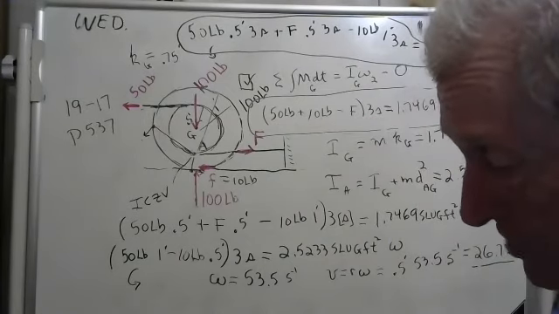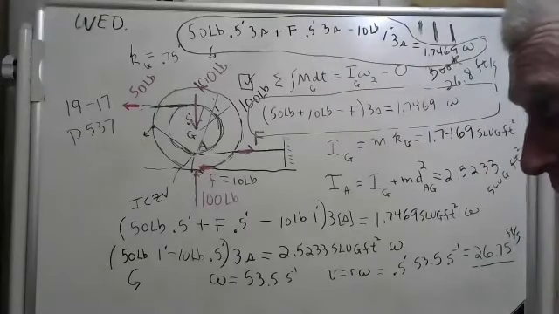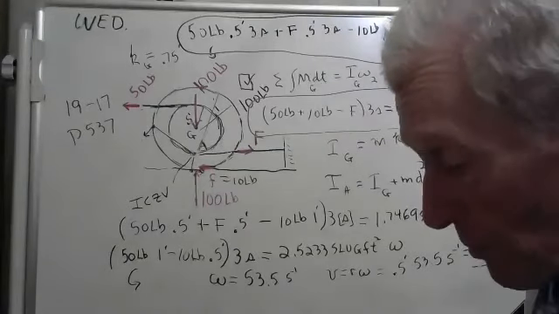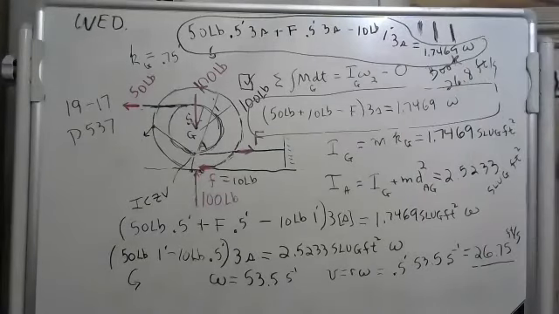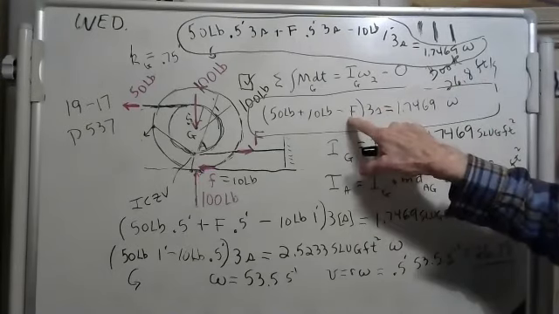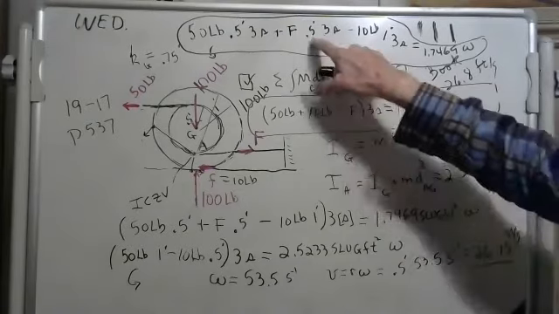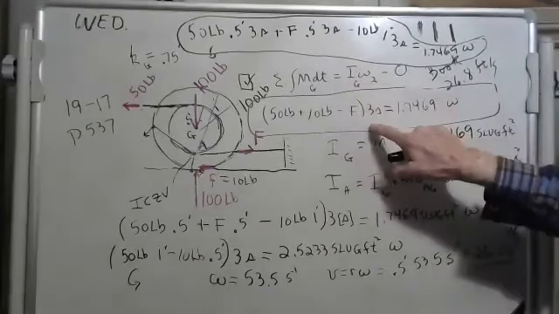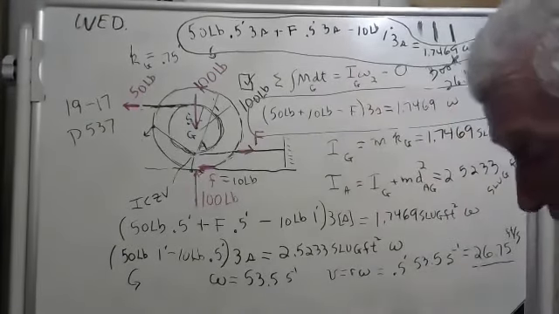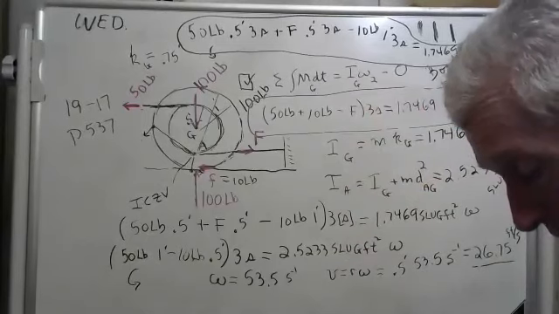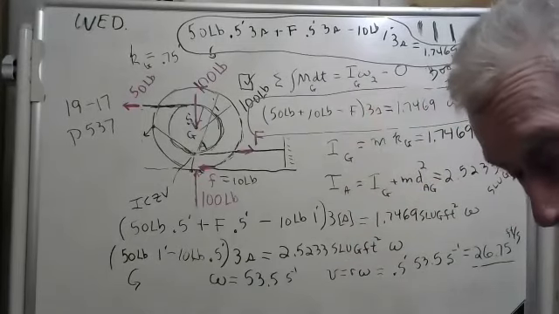That's the angular momentum. And the beauty of this equation is you can solve for F. Well, you've got two equations and two unknowns. And you can check it out yourself. And you can solve for F.